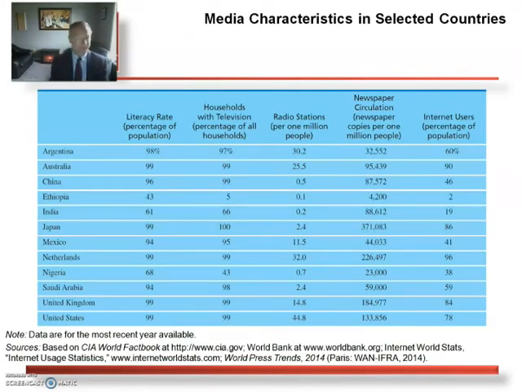There are some media characteristics in selected countries. Take that with a grain of salt. Newspapers, a lot of times posters, a lot of times advertising on buses and public transportation in some of your Eastern European and Asian countries.